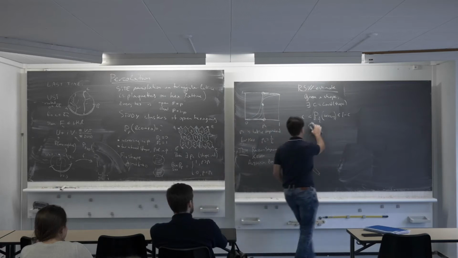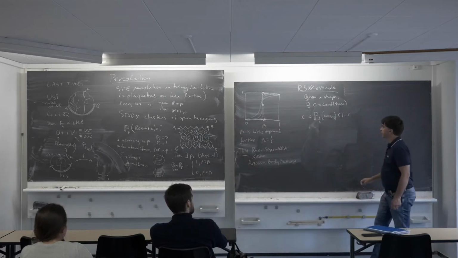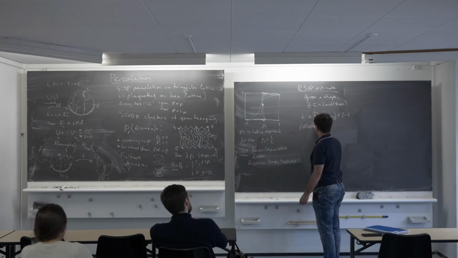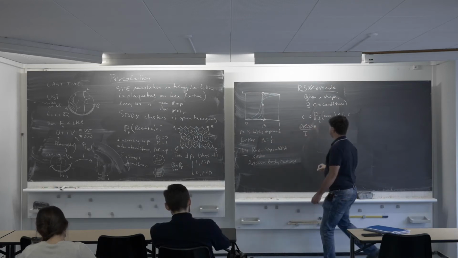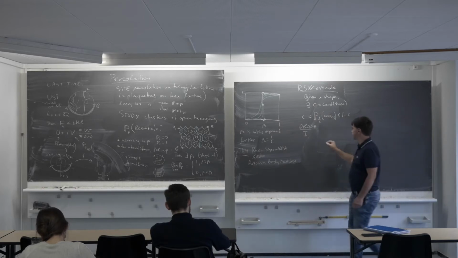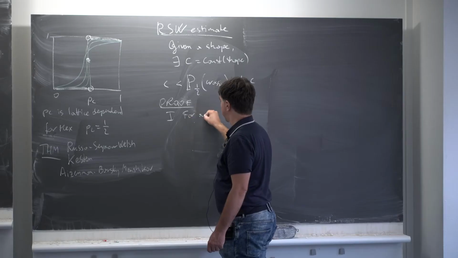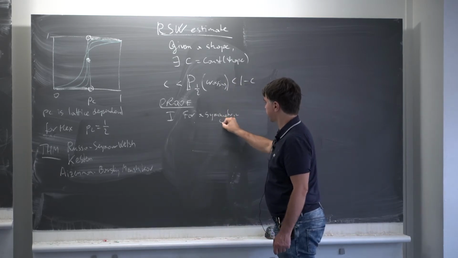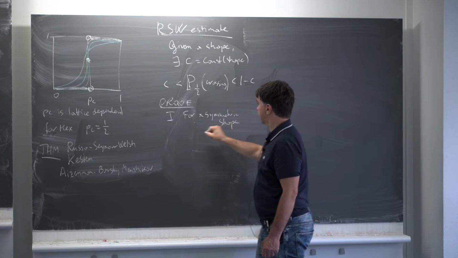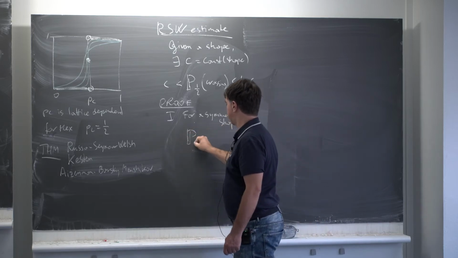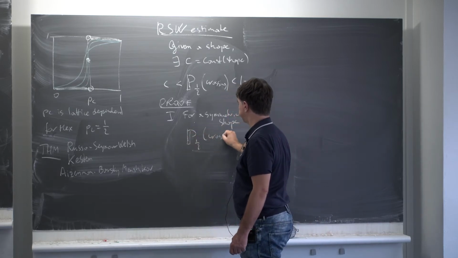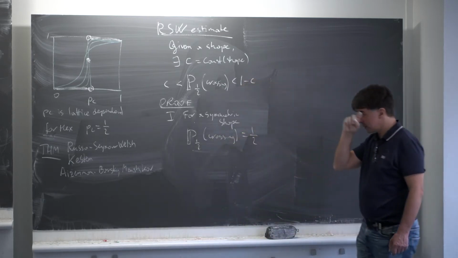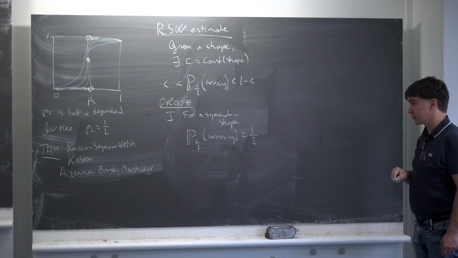So the proof has 2 parts. The first part is that for a symmetric shape, the probability at P = 1/2 of the crossing is equal to 1/2. Now, what do I mean by symmetric shape?